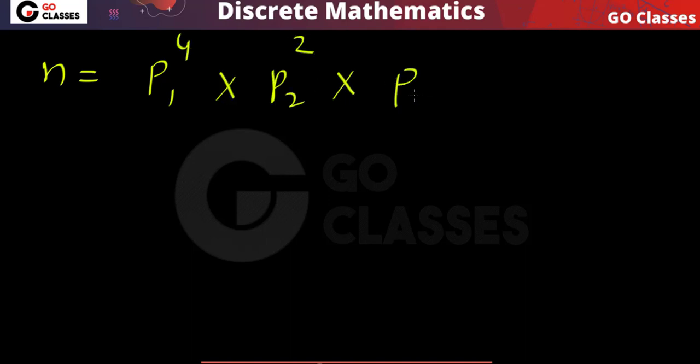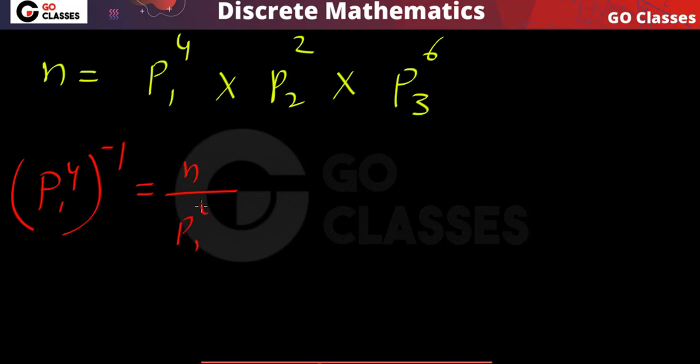So what I want to say is, if your number is like this, let's assume p1 power 4 multiplied by p2 power 2 multiplied by p3 power 6, then for this whole thing there will be a complement, and that will be this.